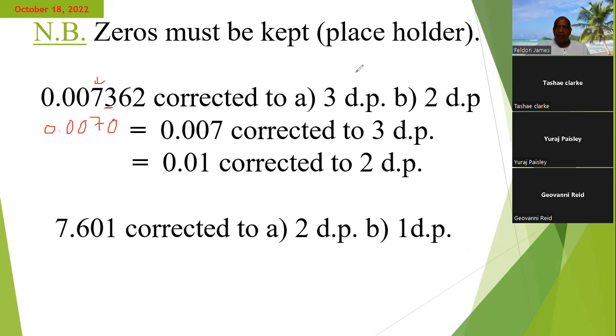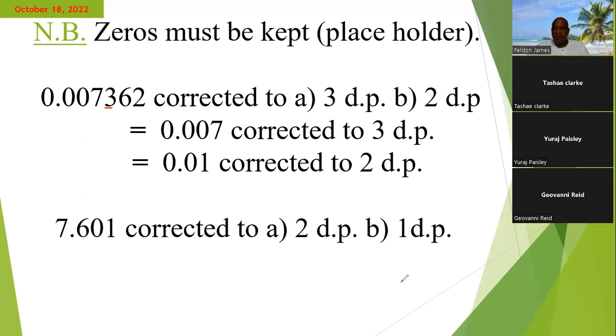All right, so for the next question, while you're on the floor, Ms. Clark, would you like to round off the next number to 2 decimal places for us? Yes, sir. It would be 7.60.